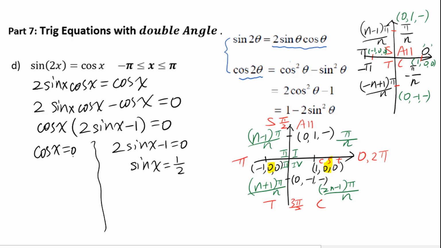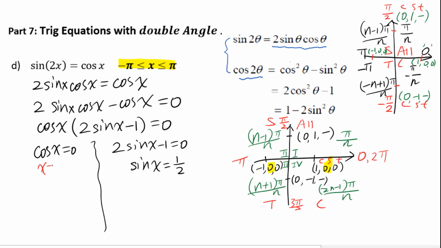For cosine x equal to 0, check the domain. Domain is between negative pi to pi. This is the diagram. Cosine x means the first coordinate, equal to 0. This will be negative pi over 2. This is pi over 2.